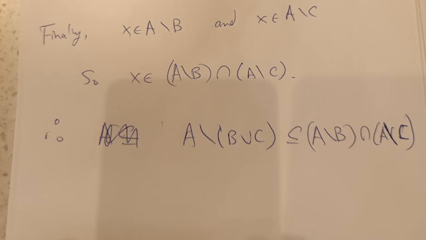Okay, so therefore, A set difference B union C is a subset of A set difference B intersect A set difference C. Okay, so to show that these sets are equal, though, we need to show the other direction as well.